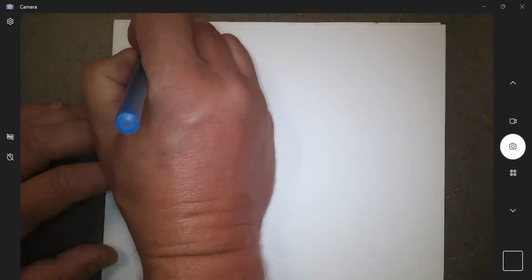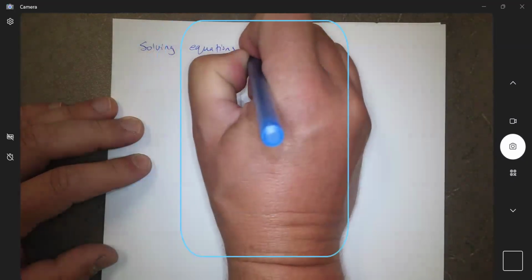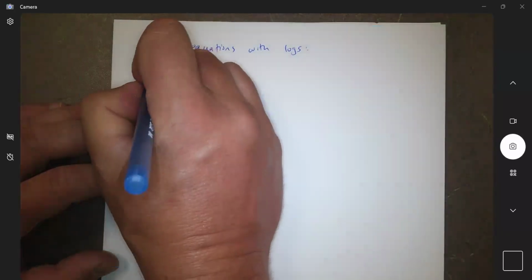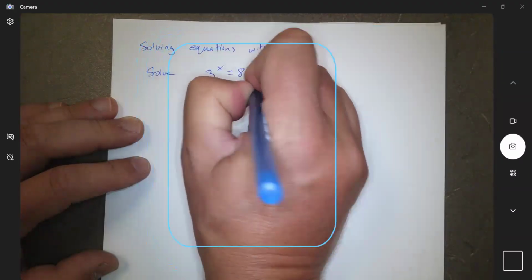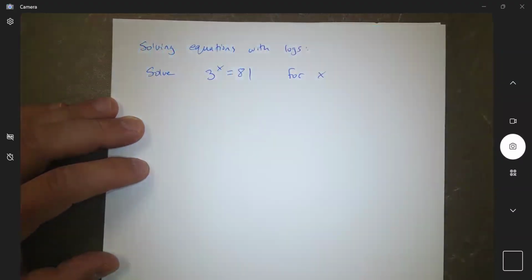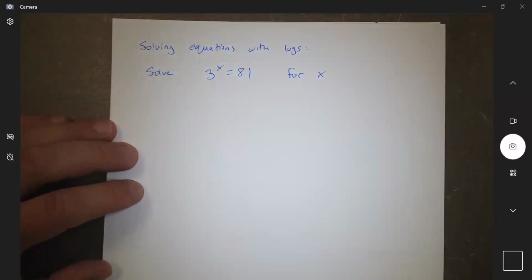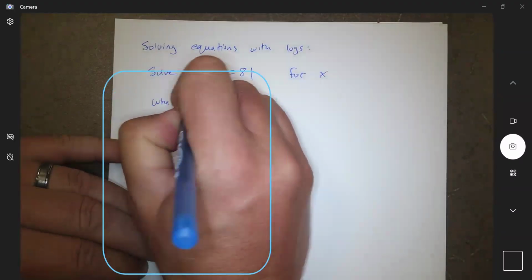Moving right ahead. Solving equations with logs. Solve 3 to the x equals 81 for x. So what I'm really asking is, what is the power?